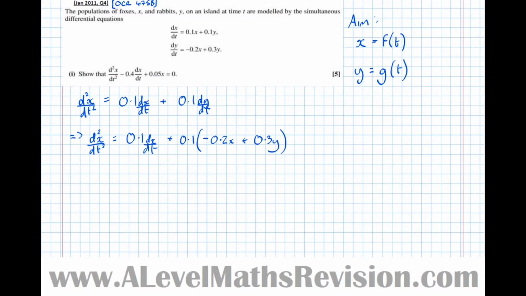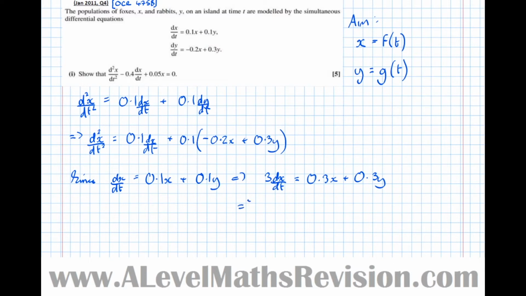And this is the same process you'll follow every time, because we can get rid of this y here by rearranging this top equation to make it say 0.3y equals.